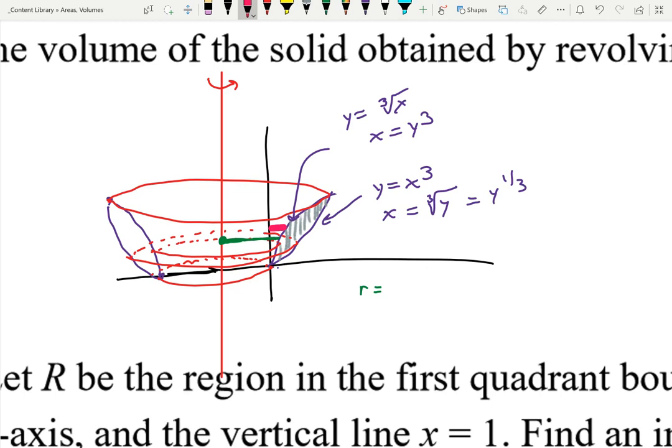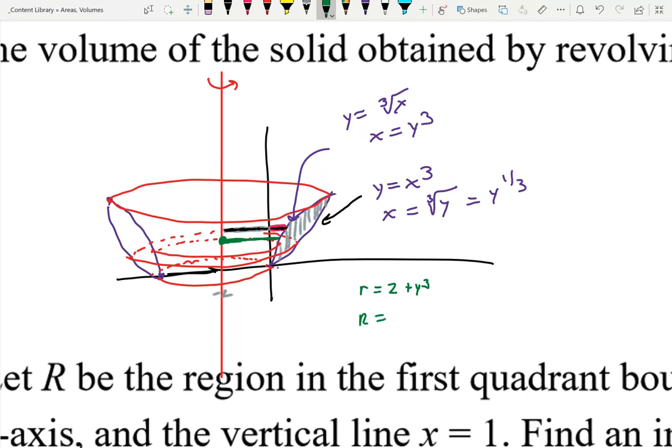What I'm really dealing with is y cubed plus a little bit more. So take that y cubed value and add this to it, which is really just 2 because this is the line x equals -2. So this length across here is 2. This length right here is 2 plus y cubed. Inner radius is really 2 plus y cubed.